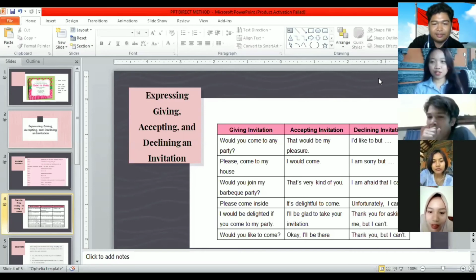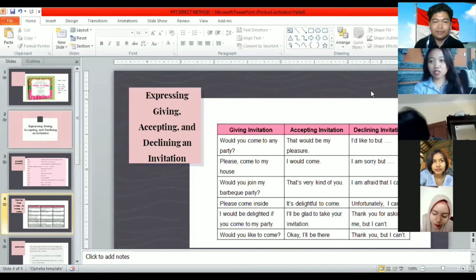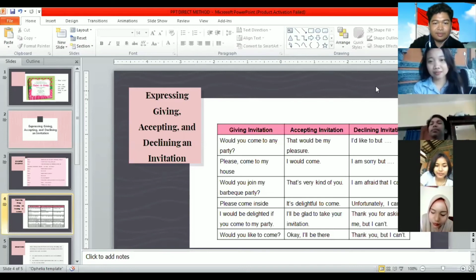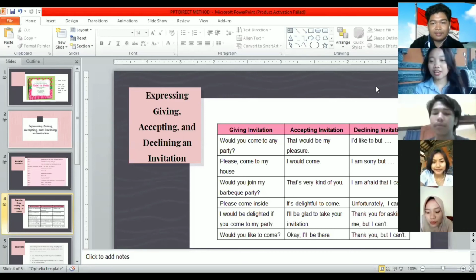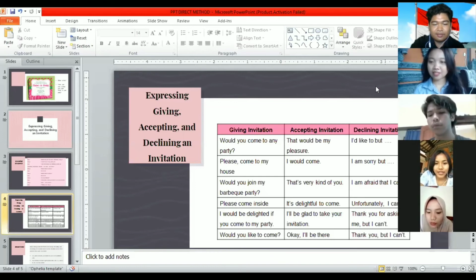Yeah, good. Okay. Now I would like to ask the other students, can you guess the differences between those two dialogues presented by your friends? Can I answer, Miss? Okay, Indah, please. The first is about accepting an invitation, and the second is about declining an invitation. Okay, good.